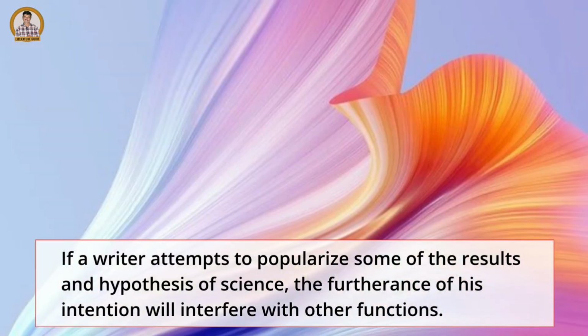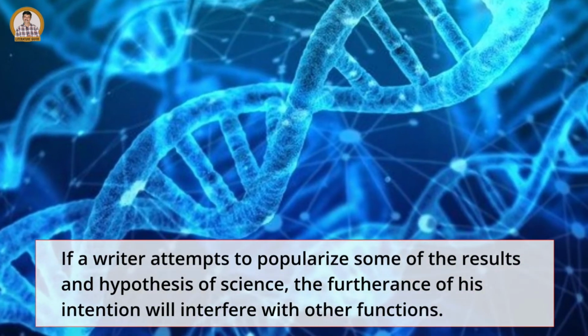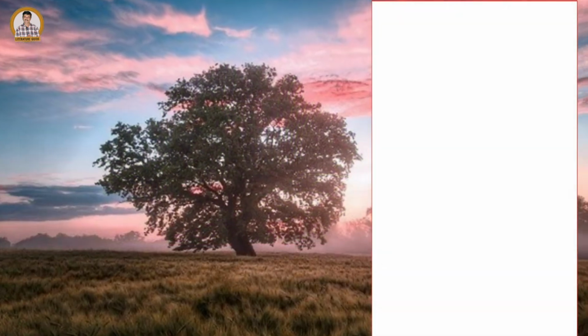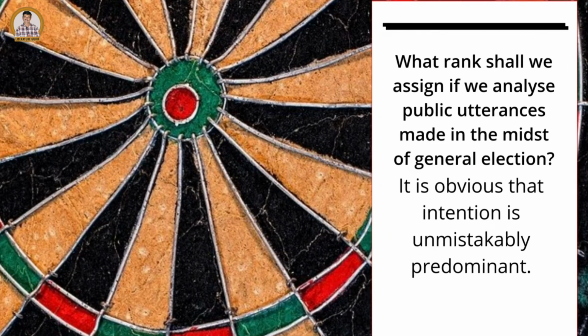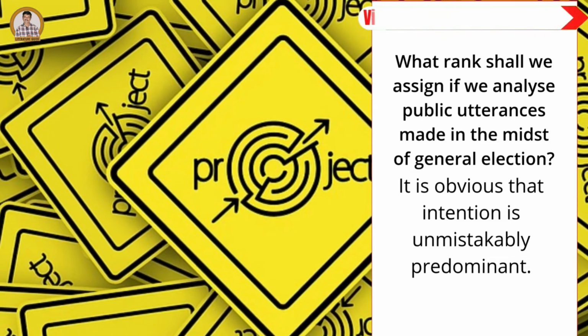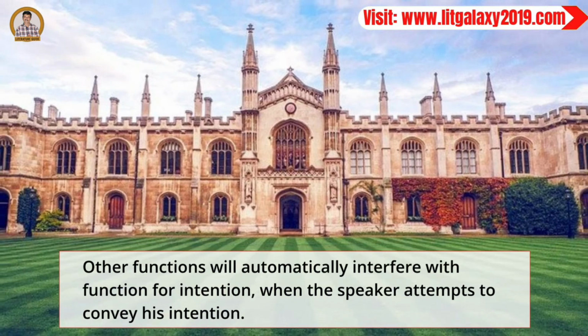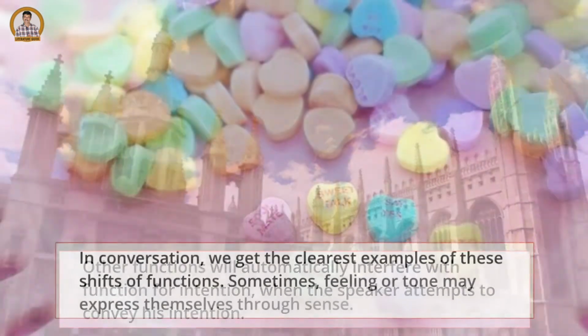If a writer attempts to popularize some of the results and hypotheses of science, the furtherance of his intention will interfere with other functions. What rank shall we assign if we analyze public utterances made in the midst of a general election? It is obvious that intention is unmistakably predominant. Other functions will automatically interfere with the function of intention when the speaker attempts to convey his intention.